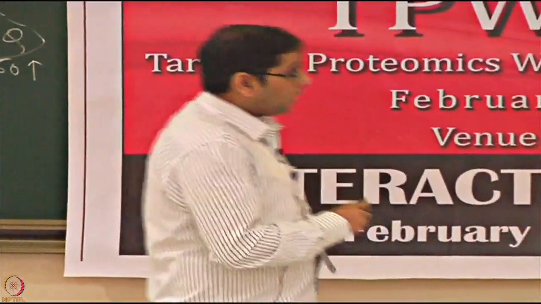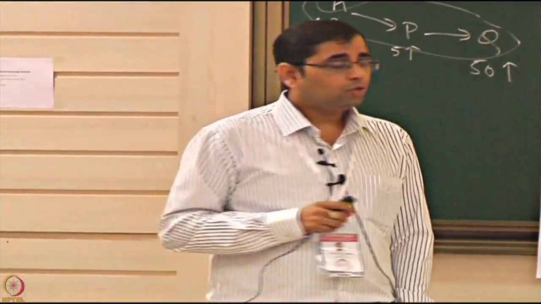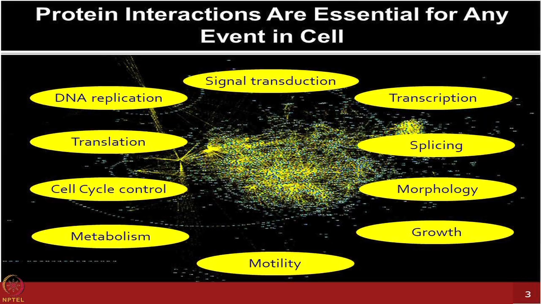I am sure by now you are convinced that these kinds of technologies are very useful to study the entire interactome, which is involved in many of the important activities, whether you talk about signal transduction, splicing, morphology, growth, metabolism, translation, DNA replication. These are all pretty relevant for any kind of physiological processes which we want to study.